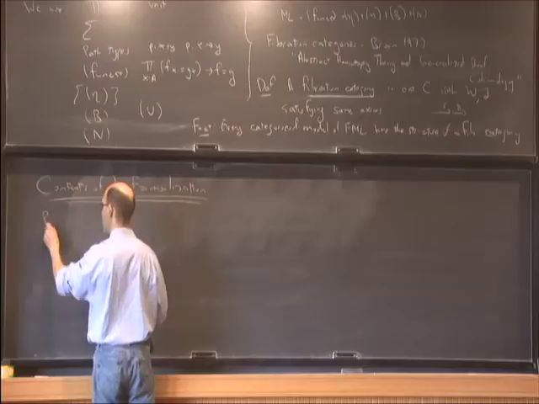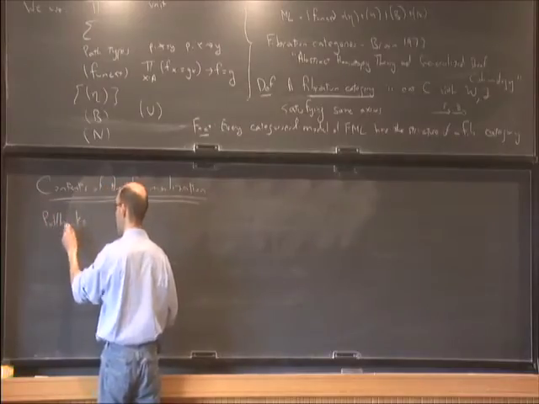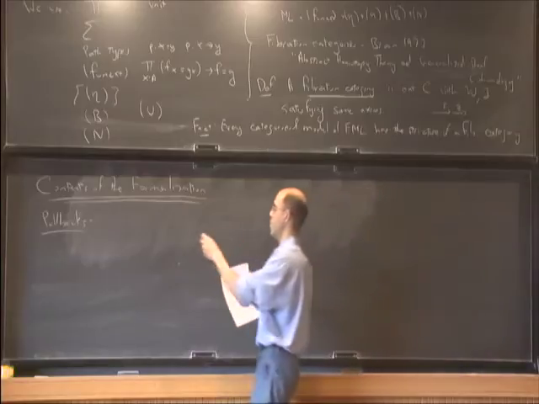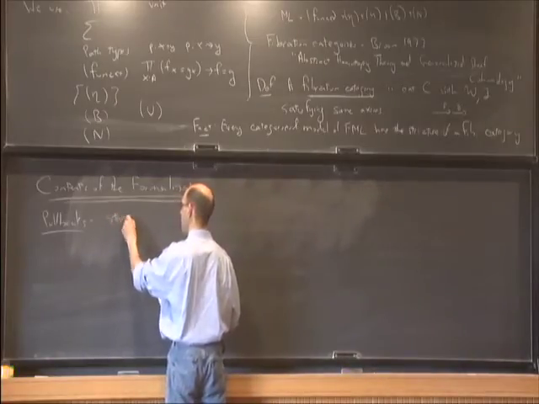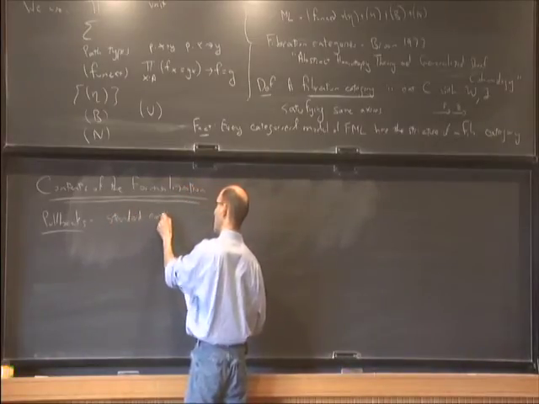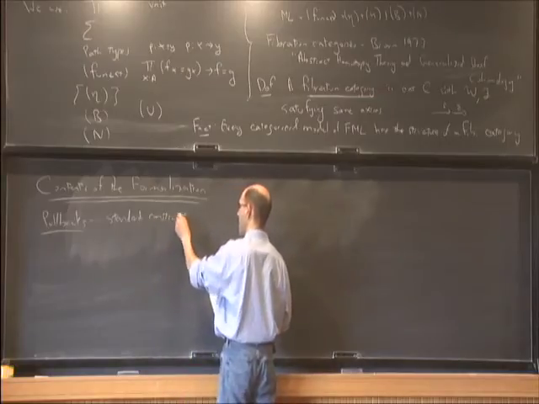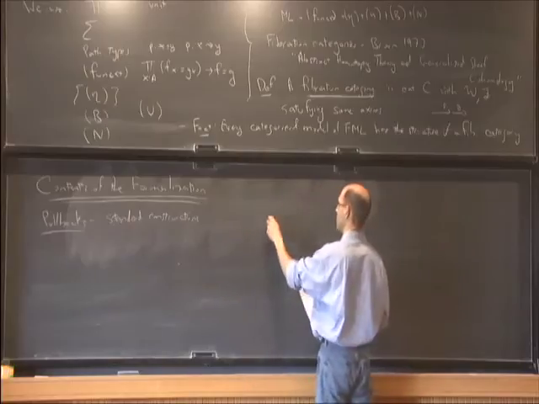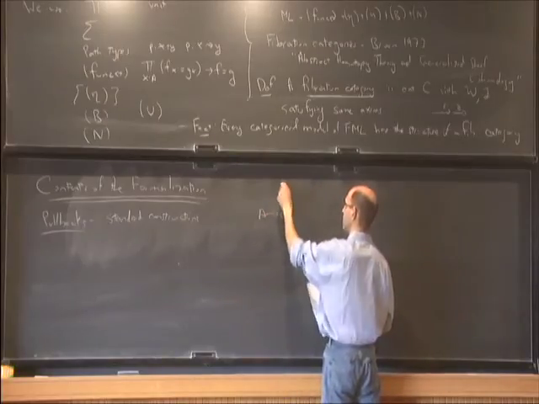So let me start with pullbacks. Again, the idea is this is elementary homotopy theory. So we have the standard construction of the pullback, and let me have a picture up just to have things to point to.